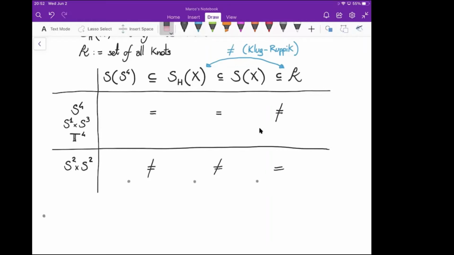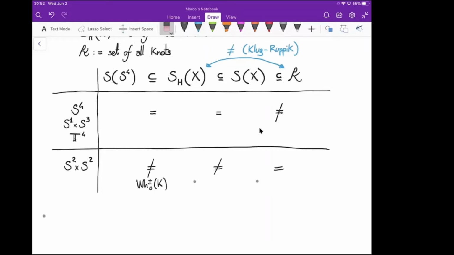Then another interesting case that somehow is at the opposite end of the spectrum is S2 cross S2, where the first two inclusions are proper and the last one is an equality.